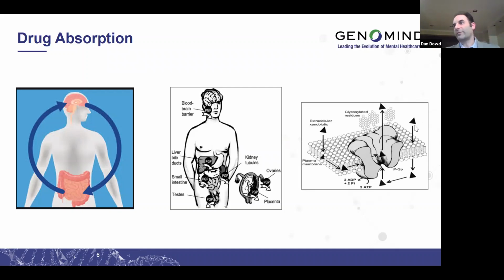Let's call it morphine for now. Morphine crosses a biological membrane. It could be the blood-brain barrier. And then PGP grabs that morphine and spits it back out. It prevents this from staying within the brain. If it was intestines, it would do the same thing. You would absorb a medication, PGP would grab it and spit it right back out.